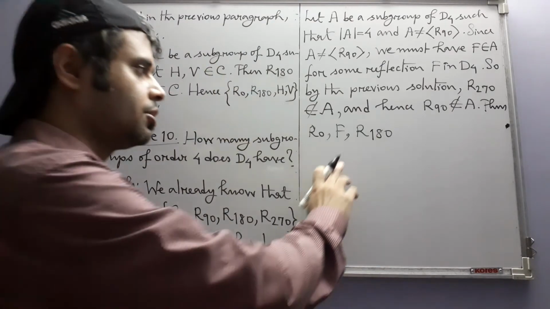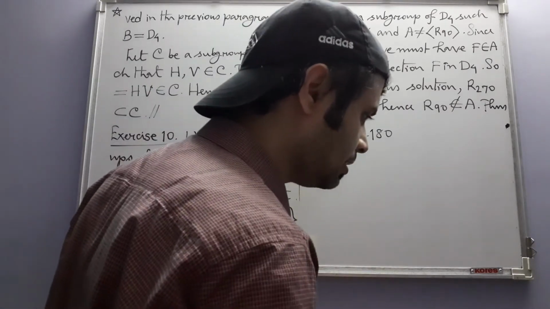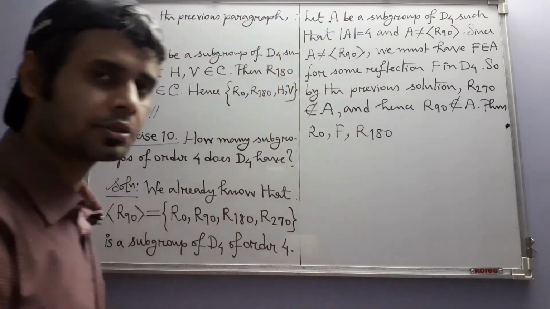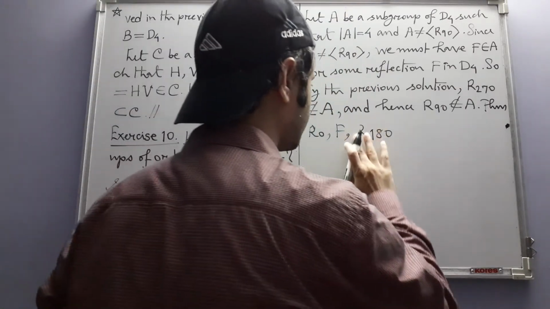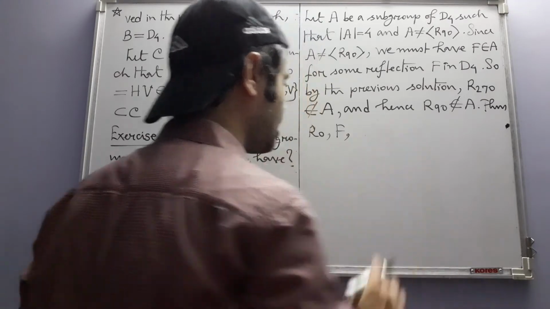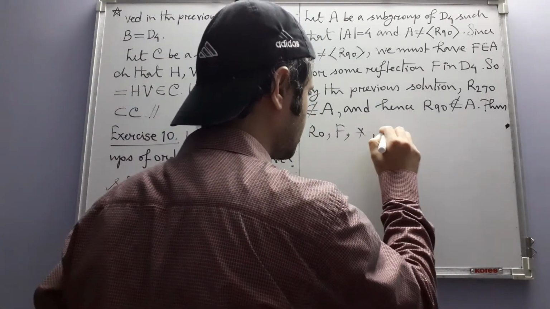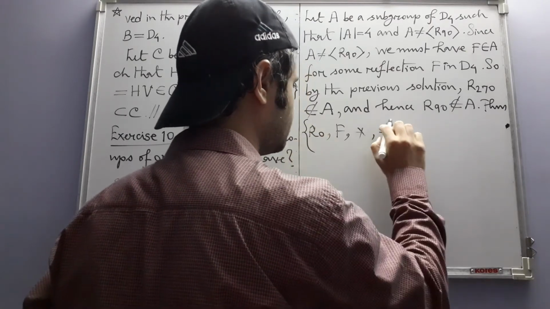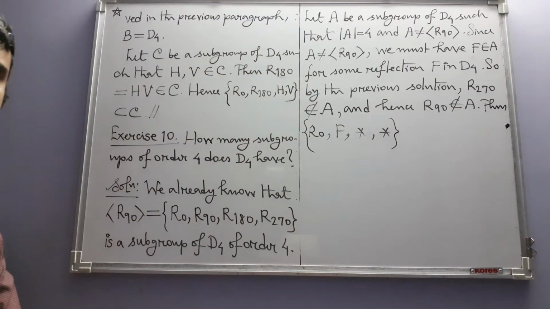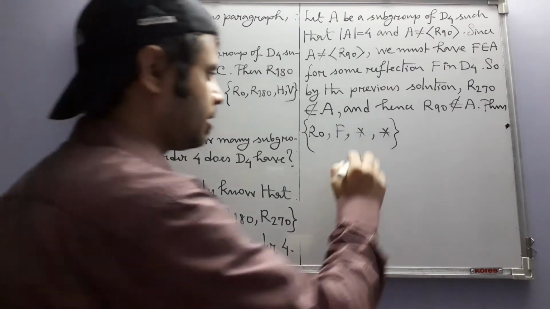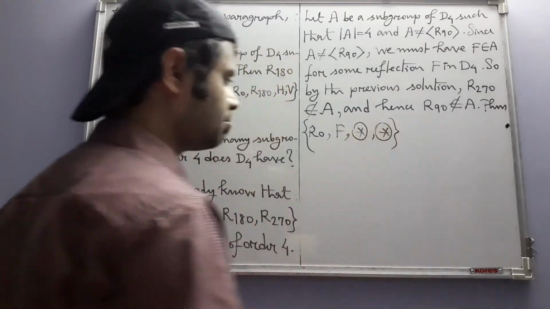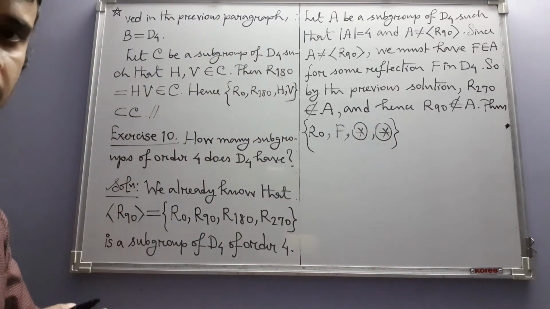Either R180 is there or it is not. Suppose R180 is not there, then there are 2 more places to fill by elements from D4, and these 2 places will then be filled by reflections.